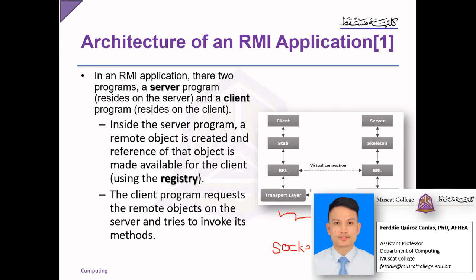It's responsible for socket programming, right? So these are the components. On the client side, we have the stub, and on the server, we have the skeleton. Both of them have the RRL and the RRO.